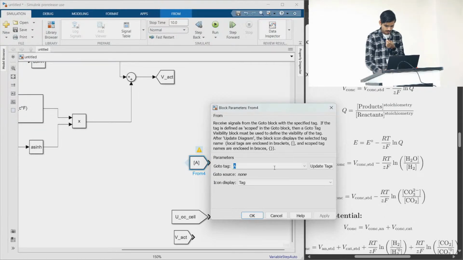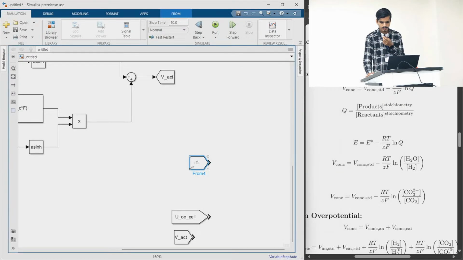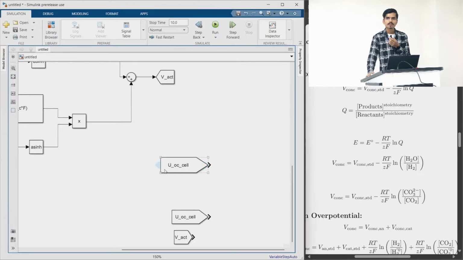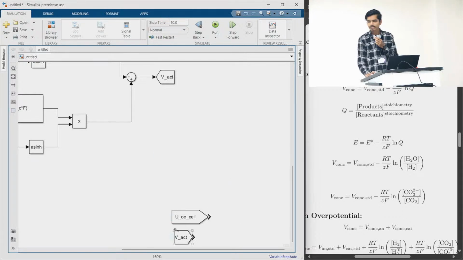We have to write the one you have defined for that, UOC cell. Am I clear? Next we do the similar for activation potential, or just by swapping it we can get the activation potential From block for that.